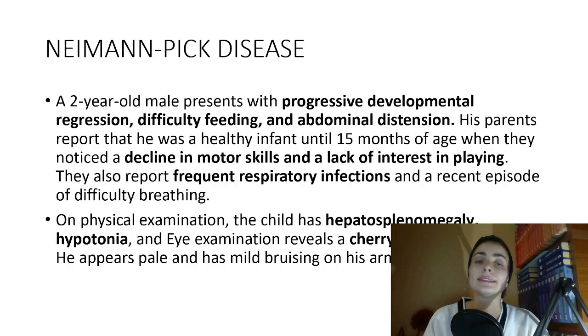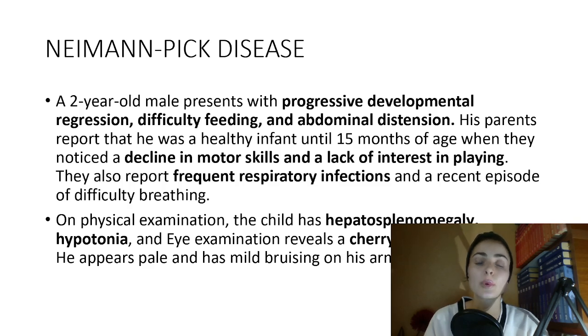Next disease is Niemann-Pick disease. A 2-year-old male presents with progressive developmental regression, difficulty breathing, and abdominal distension. So we know where this is going. His parents report that he was a healthy infant until 15 months of age, when they noticed a decline in motor skills and a lack of interest in playing.